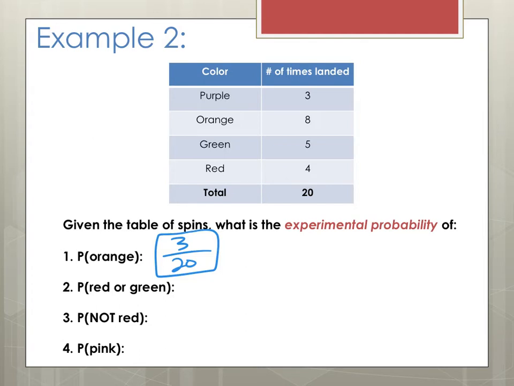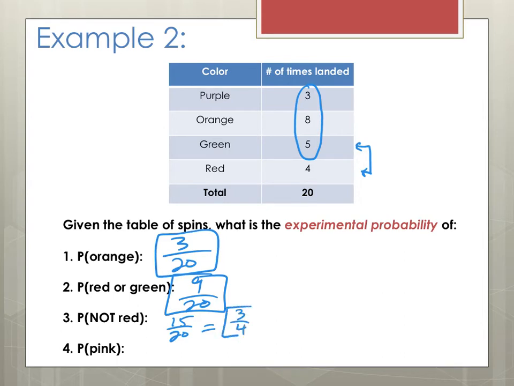Probability of red or green, well, red or green would be both of these combined, and so 5 and 4 together become 9 out of 20, so we got a 9 out of 20 chance. And then the probability of not red, well, not red would be the other 3, and so 3 and 8 and 5 become 15 total, and so it looks like we have a 15 out of 20, which if we reduce that, both of them are divisible by 5, so we get a 3 out of 4 chance there.